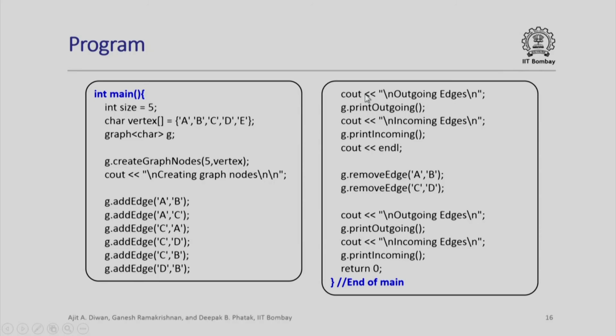Once that is done, we now have to output outgoing edges and incoming edges. We just invoke the two functions outgoing and incoming and we got the output representing the entire graph. We next demonstrate the removal of two edges by using the remove edge function, and after that we again invoke the outgoing and incoming edges to demonstrate that these edges are indeed removed. So, it is a very simple program.